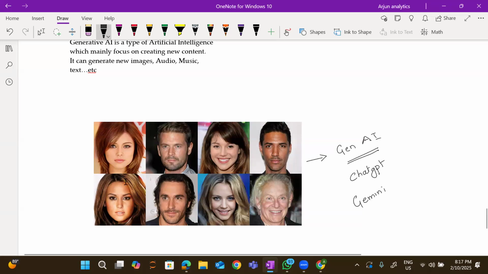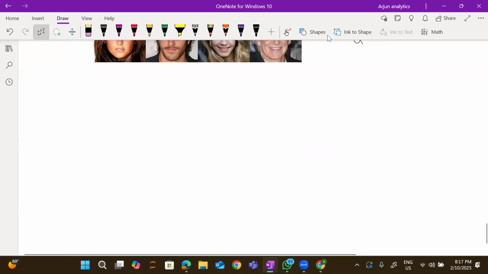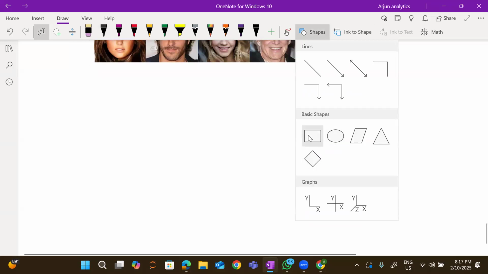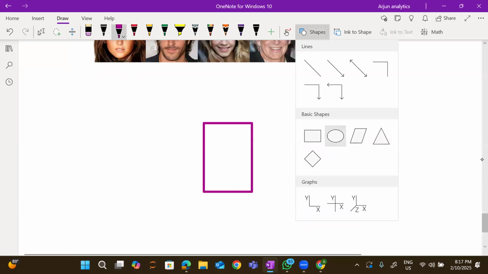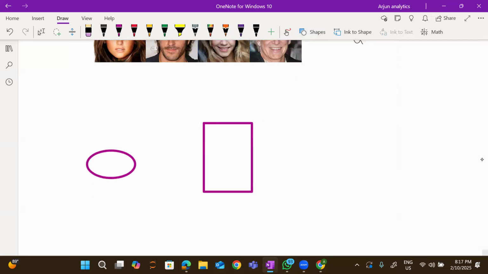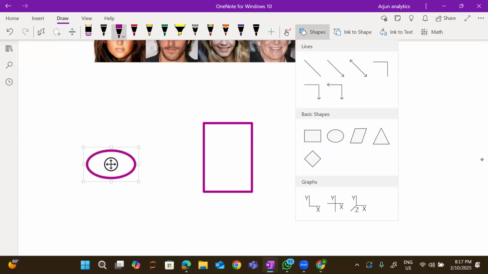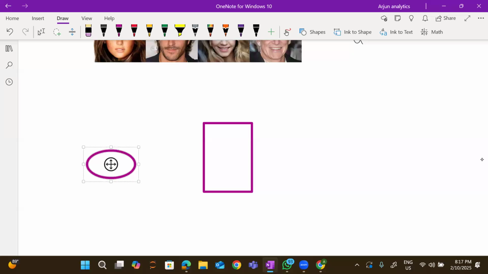Now, what exactly happens here is there will be a model, and again, a model is nothing but a program. Previously, we were giving this model a small volume of data, and the model was trained with this small volume of data.